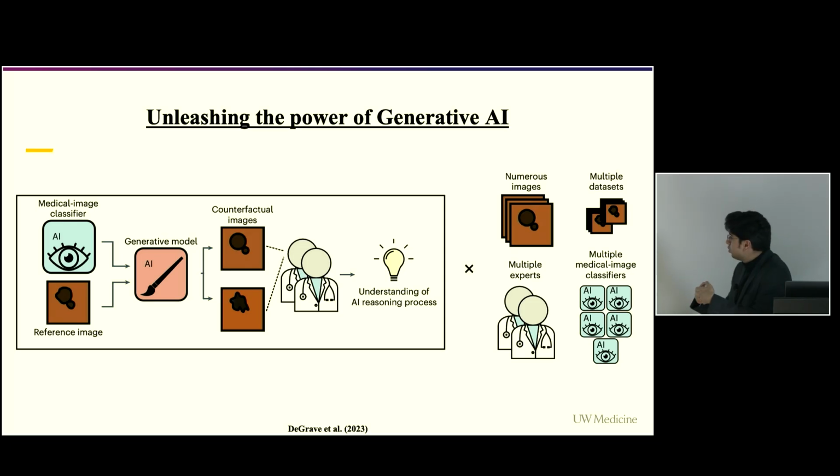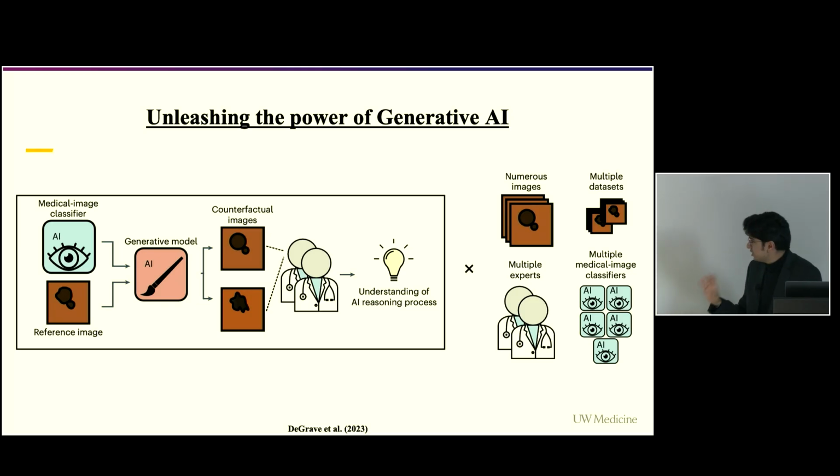And they can do this over different images with multiple experts, with multiple clinicians, and try to interpret what clinically meaningful attributes changed in the images that caused the model to change its decision of whether cancer is present or not, for example.